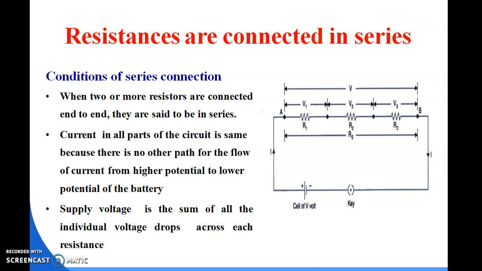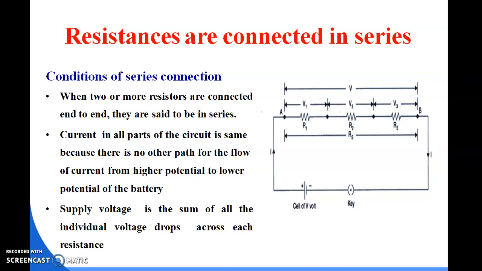Then resistances connected in series. We will study the resistances connected in series, and later we will study the resistances connected in parallel. There are two types of connection: one is the series connection and another one is the parallel connection. So first we will study the series connection.